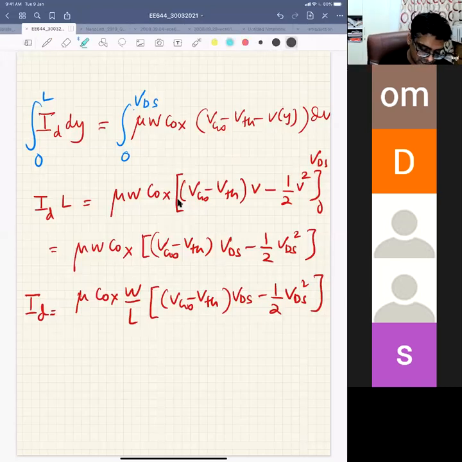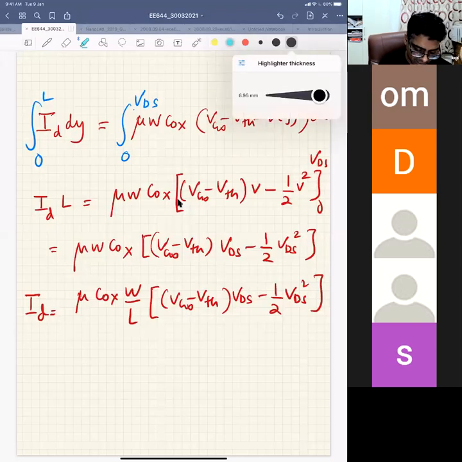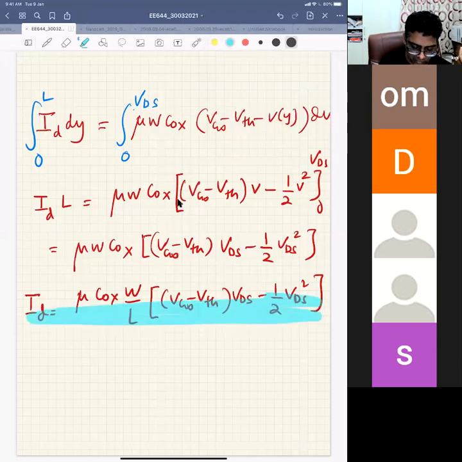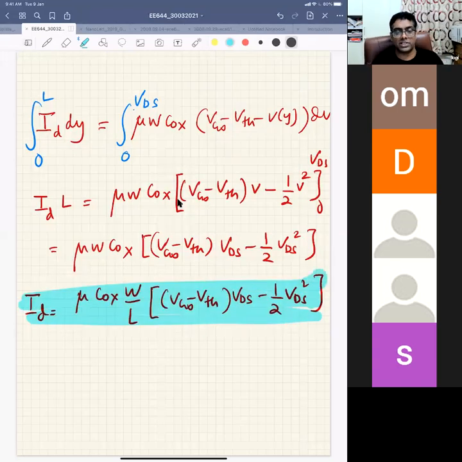This is a very simple form of the current that you have derived, and all of you know this equation. It is the very standard current equation for the MOS transistor.